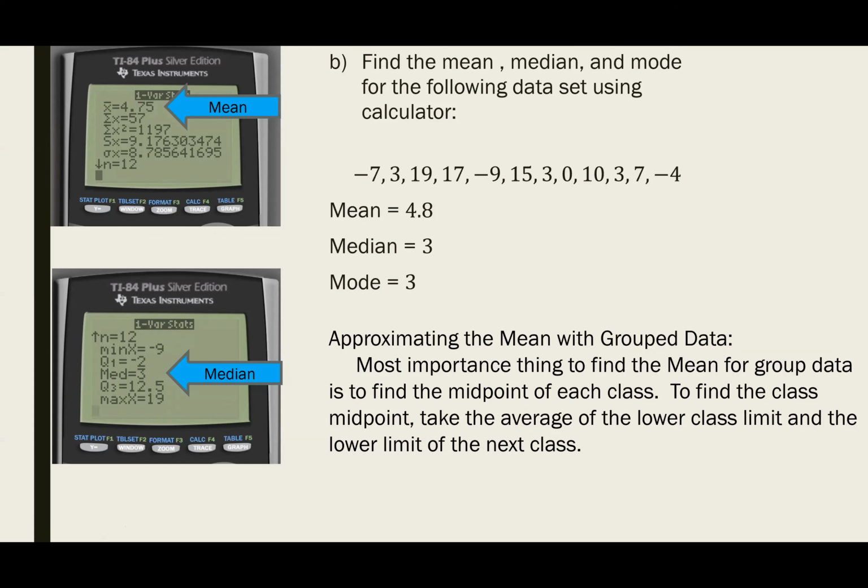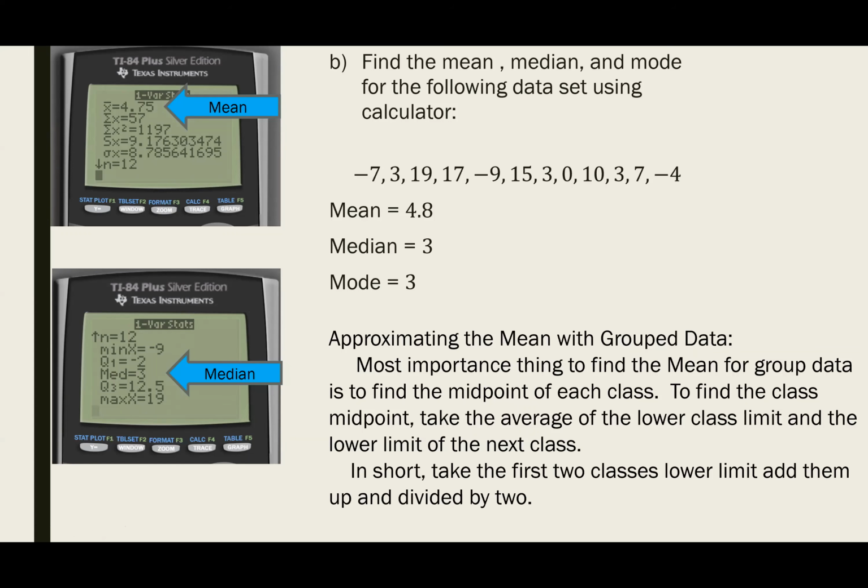And for this author, to find the midpoint, you take the 2 consecutive lower limits, add them up, and divide by 2.